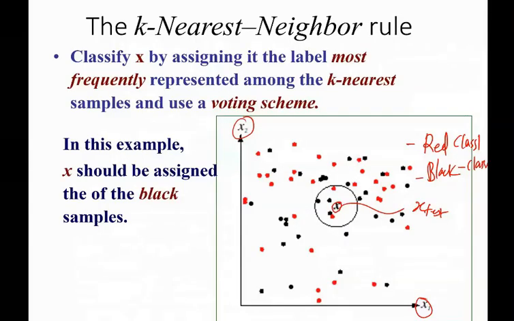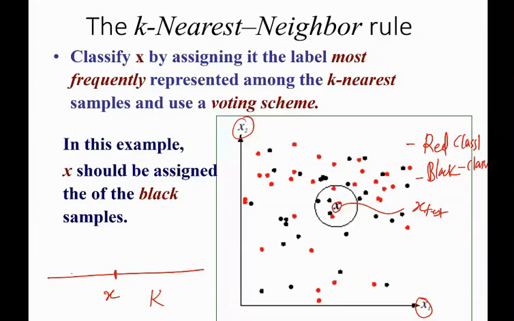So what this method will do, irrespective of labels, say this is my x, suppose in 1D, irrespective of the labels of the training samples, it will try to find out k number of neighbors.